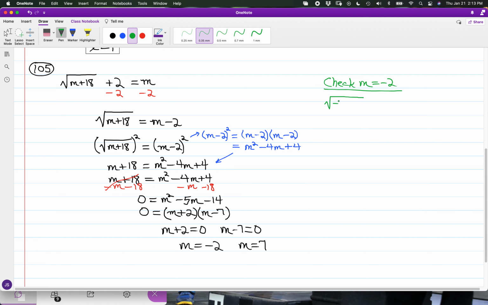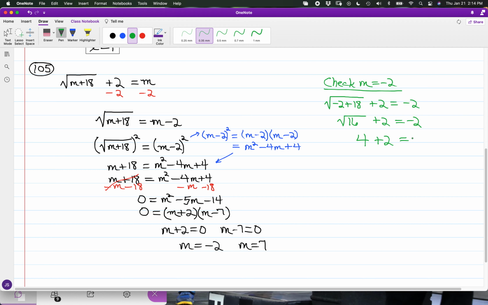So here with m at negative 2, so I had the square root of negative 2 plus 18 plus 2 is equal to m, which again we have at negative 2. Negative 2 plus 18 is going to be 16. Square root of 16, okay, again, square root of an expression reduces to a non-negative constant. Okay, so just the square root of 16, that will go to 4.